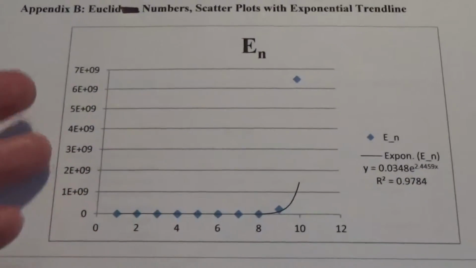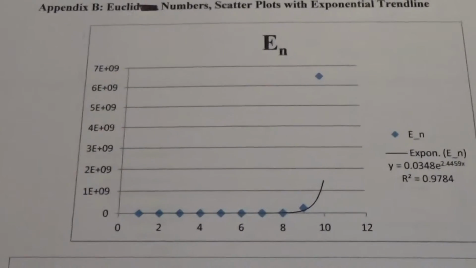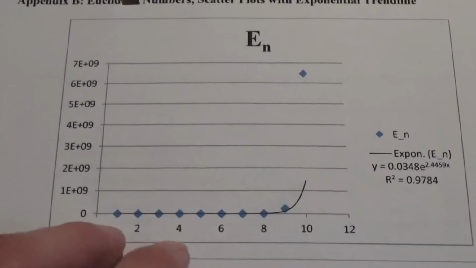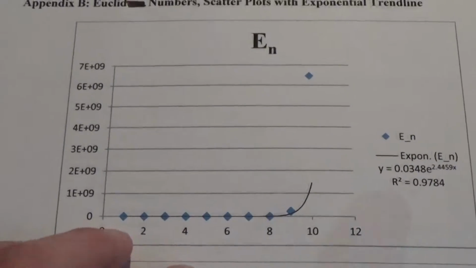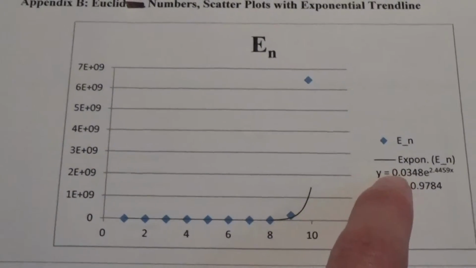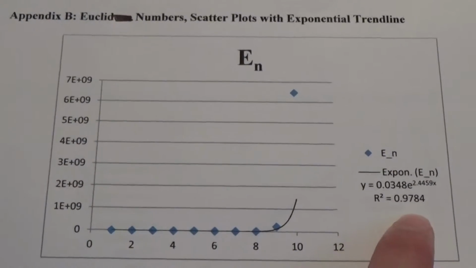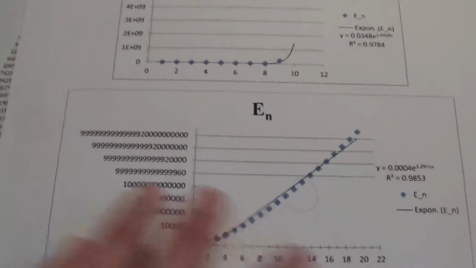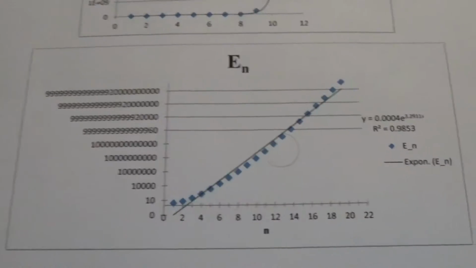You might not be able to see it that well with this graph axis, but I'll show you another one in a moment that's improved. The main point here is that it does have a fairly exponential trend line that has a fairly high r-squared value, 0.9784.